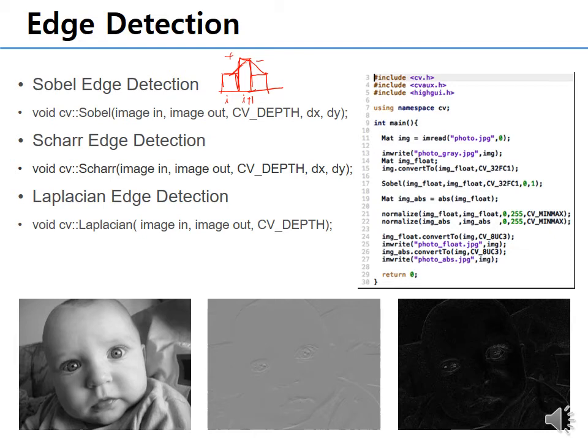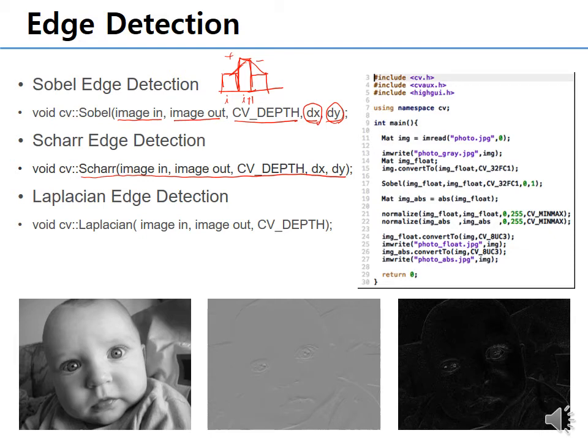So for the Sobel edge detector, here are the input image and output image, image depth, and dx dy. So x direction or y direction, we need to select the direction of the edge detection. The Scharr edge detector has a similar approach and format as the Sobel edge detector.